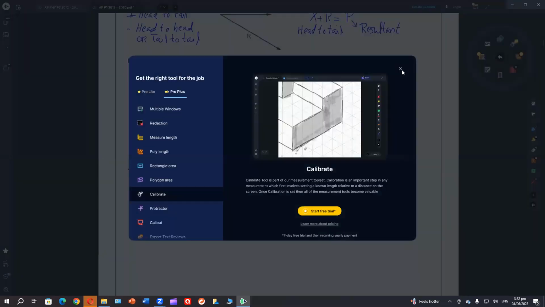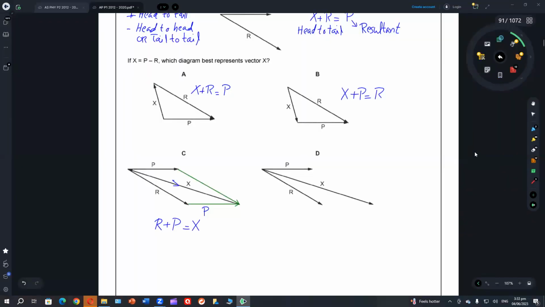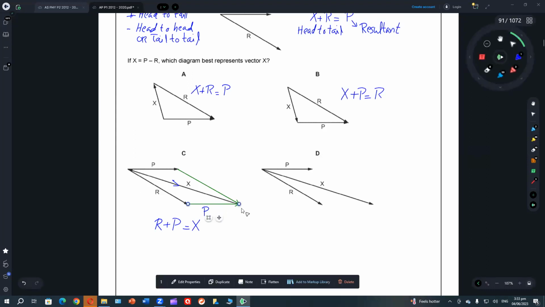Is it like the lengths of P and R? I don't know. It's a very strange thing. Maybe I'm missing an arrow because the green arrows are coming on it. Let me check.